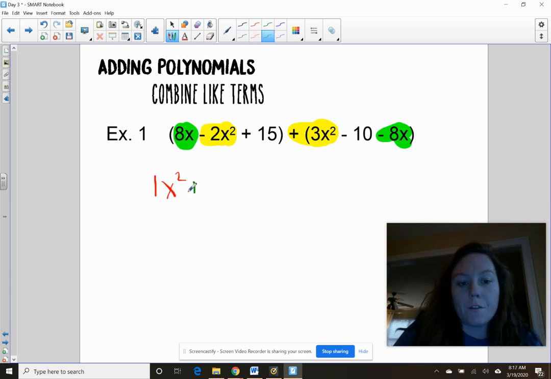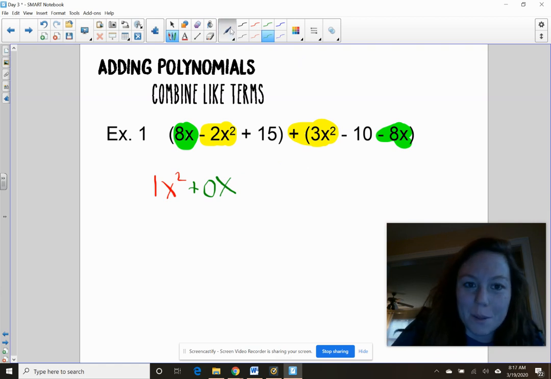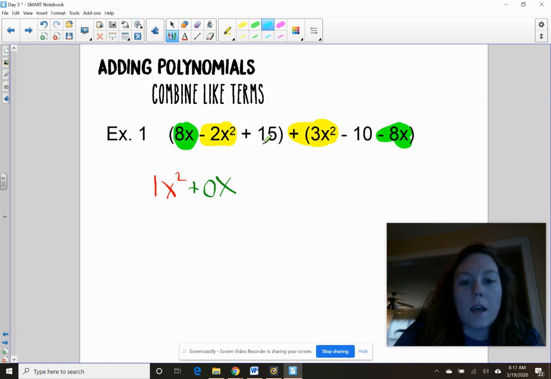I'm going to write it for right now plus 0x, but 0x is just nothing, so I don't really need it in my final answer, but we'll talk about that in a second. And then lastly, I have my constant terms. I have this plus 15 and this negative 10. So when I combine my terms there, I get 5.